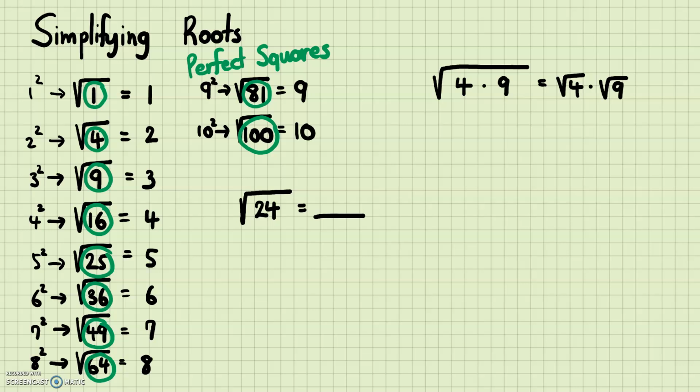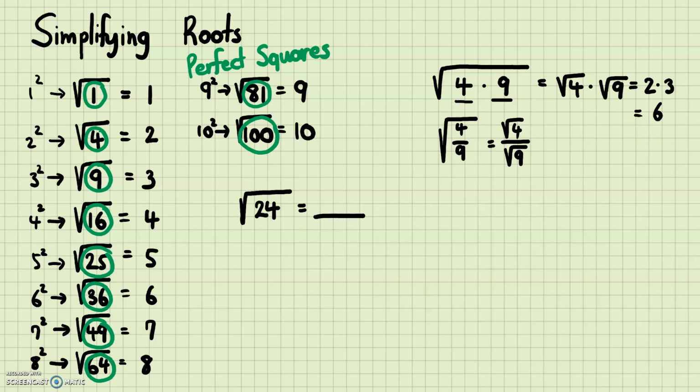Square root of 4 times square root of 9. We did something very similar to this when we were doing square roots of fractions. We can distribute the square root to the numerator and then to the denominator. Right? We can do the same thing when two numbers are being multiplied like this. That is going to equal 2 times 3, which equals 6.